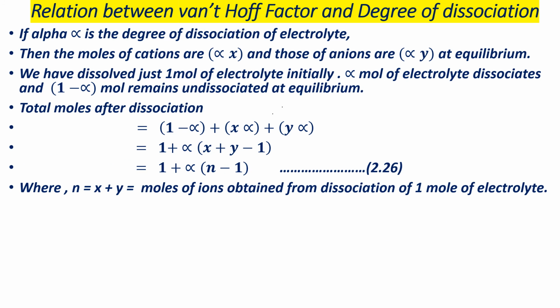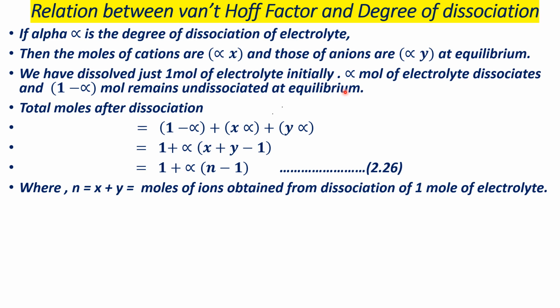Relation between Van't Hoff factor and degree of dissociation. If alpha is the degree of dissociation of the electrolyte, then the moles of cations are alpha x, and those of anions alpha y at equilibrium. We have dissolved just 1 mole of electrolyte initially, then alpha mole of electrolyte dissociates and 1 minus alpha mole remains undissociated at equilibrium.